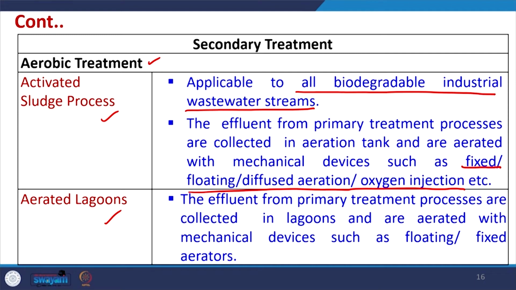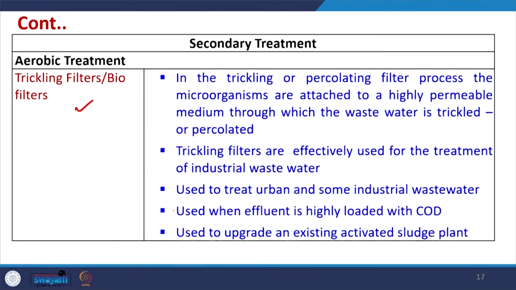Or we can go for aerated lagoons also, which are simpler. Certainly their efficiency is lower as compared to the activated sludge process, but the technology is similar and can be adopted.